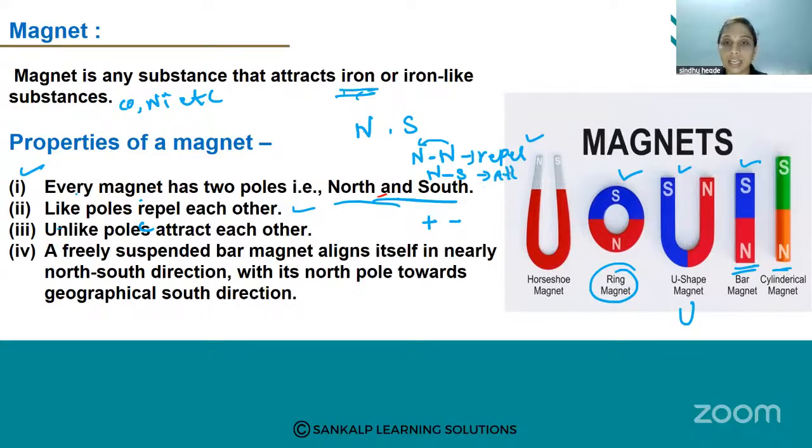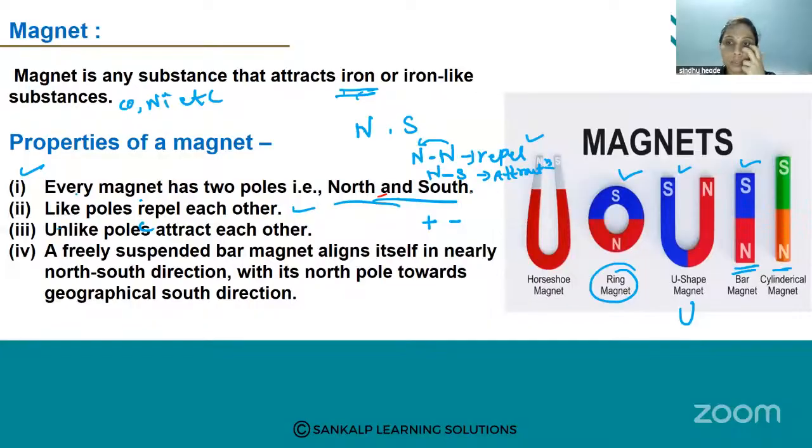Attraction takes place, because these two are considered unlike poles, right? We know that like poles repel and unlike poles attract each other. This is the second property of the magnet.